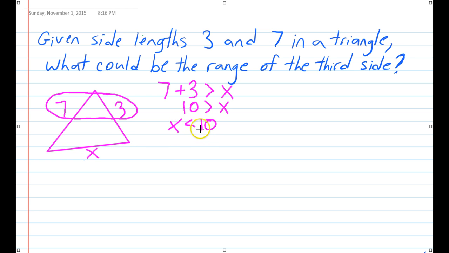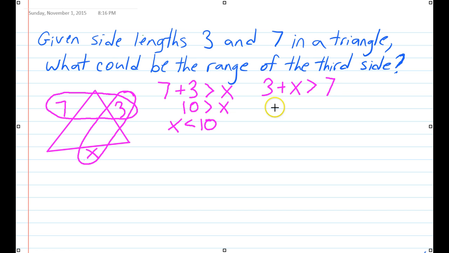Alright, but it also has to be greater than some number. So let's set up a couple other inequalities. We said 7 plus 3 has to be greater than our third side. Well, let's do it another way. We also know this side plus this side has to be greater than 7. Let's set that up over here. 3 plus x we know has to be greater than 7.